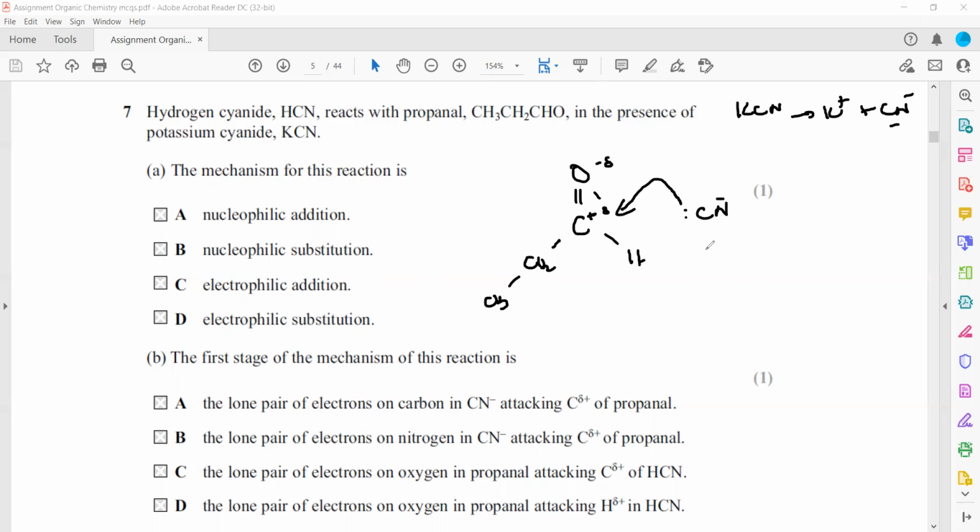So as a result, what happened? This oxygen will break the bond, oxygen will take the electrons, and oxygen will get a negative charge. So this will be CH2, CH3, H is there, and then CN is there. The whole molecule gets a negative charge because oxygen took these two electrons which are involved in the bonding. And then as a result, HCN is there. So this is partial negative, partial positive.